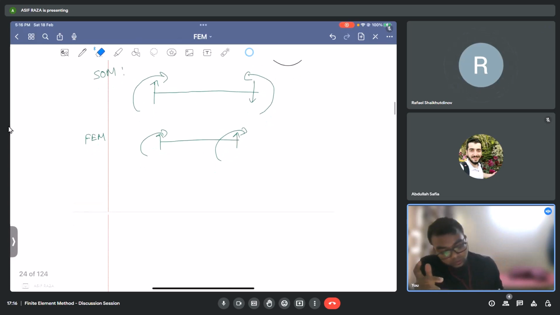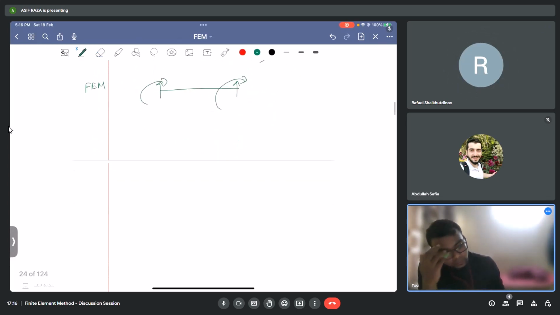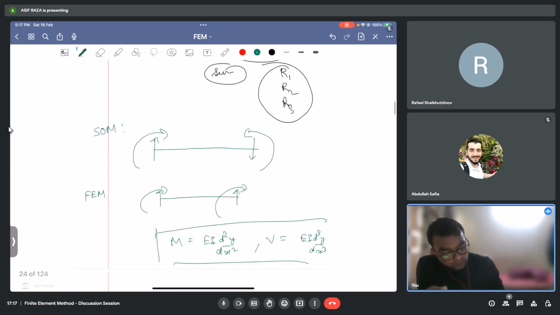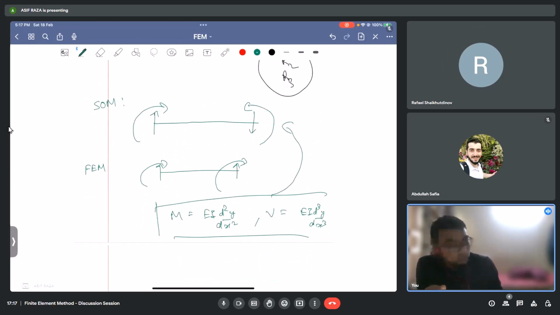Equation wise, what is my moment? It is EI d2y by dx square. In a general sense, V is EI d cube y by dx cube, right? Yes. This equation we apply wherever, so it will be applicable for all, right?